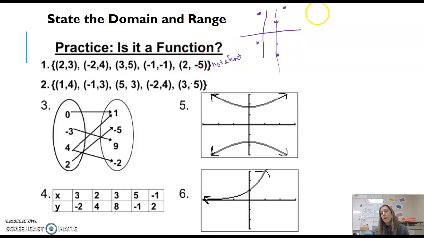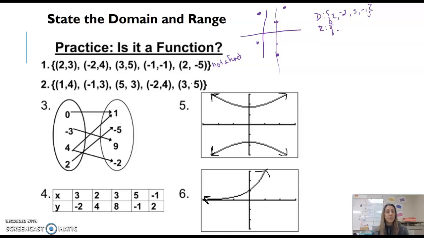And remember, we can still do the domain. Because these are points and this is a discrete graph, we're just going to list them. And then we don't have to repeat any that are on there. So -1, and then 2 is on there again, and I don't need to put that. And then the range would be the same notation.